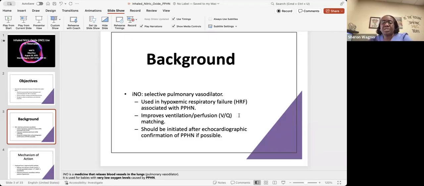Nitric oxide is used in hypoxic respiratory failure associated with pulmonary hypertension, PPHN. It improves ventilation perfusion mismatch, and it should be initiated after an echocardiogram has confirmed the presence of PPHN, if at all possible, but do not delay care waiting on an echocardiogram if that is not easily and readily available to you.